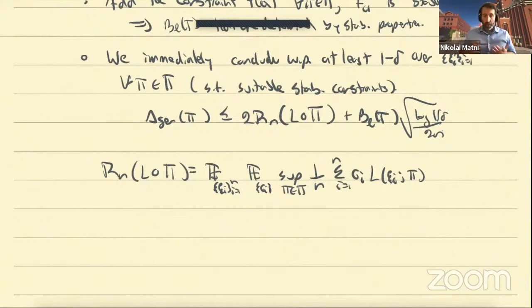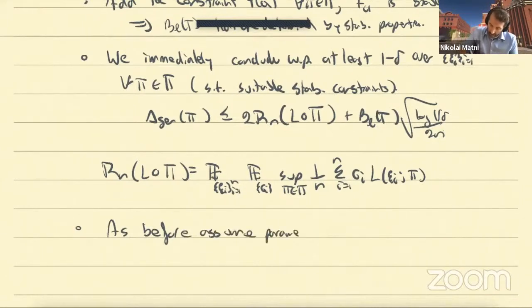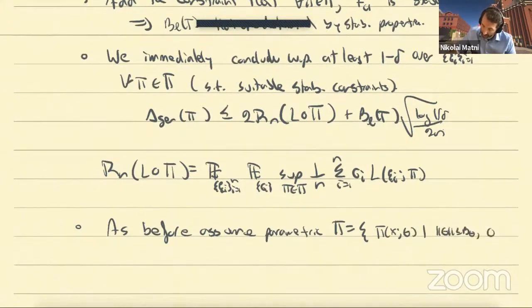Okay, so what we need to deal with now is bounding this Rademacher complexity. As before, we'll assume a parametric function class. This will be the set of pi x theta such that, again, theta is norm bounded, lives in Rk, and pi is twice continuously differentiable.